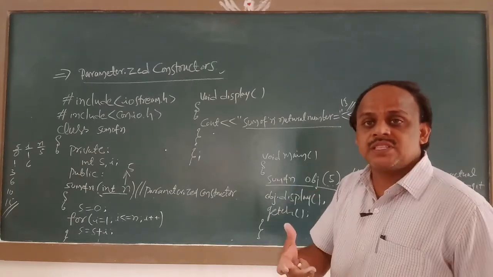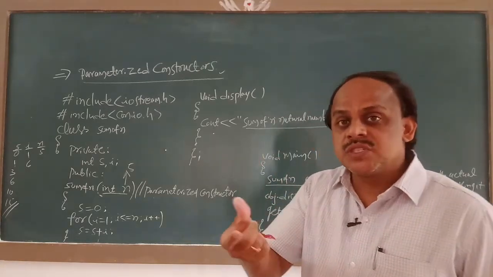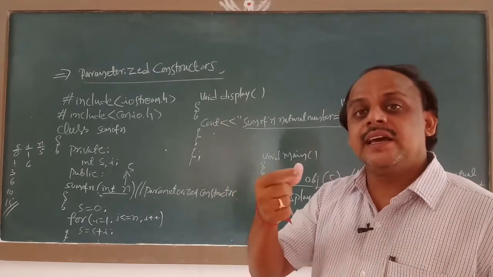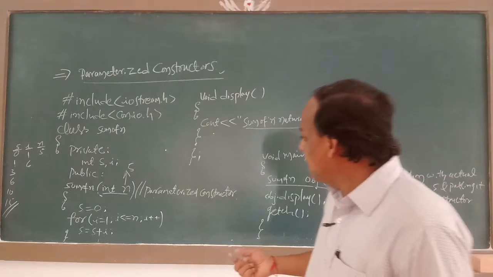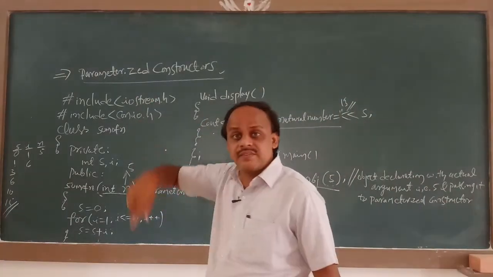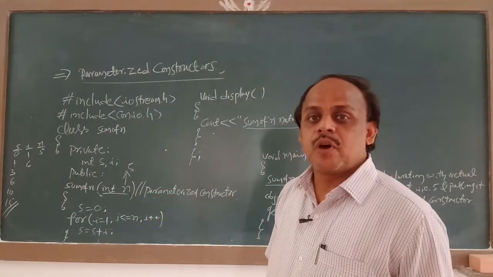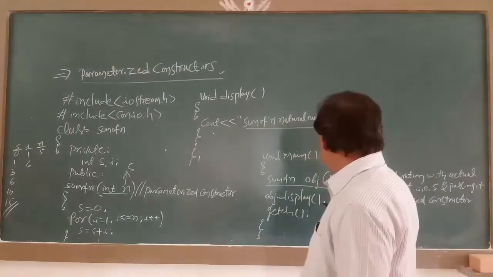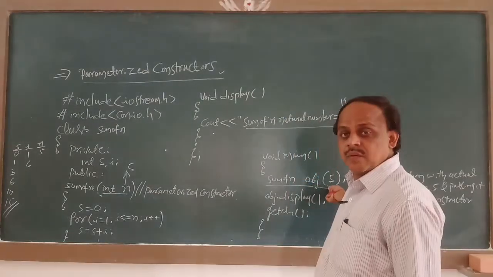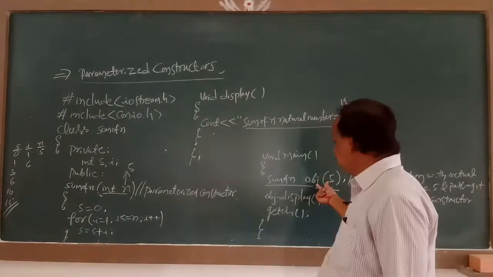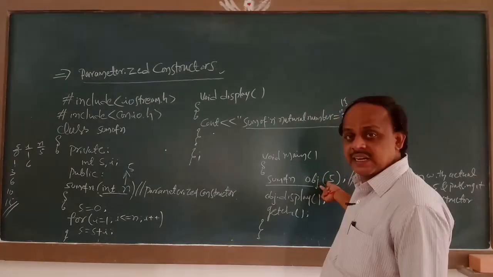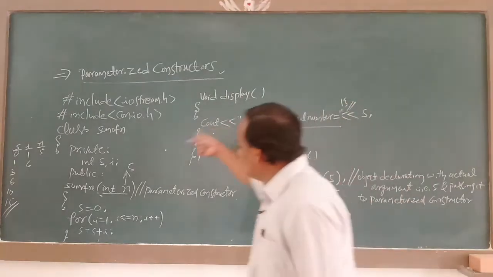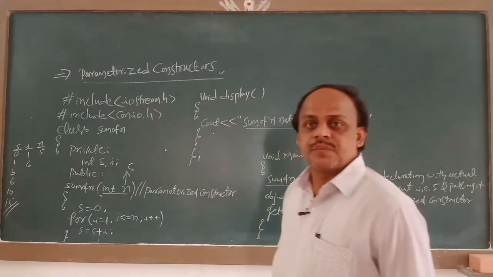Actual parameters are the parameters which are declared in the calling function. Parameters which are declared in the called function are called formal parameters. So here the values which are declared in the object declaration are moving to the constructor.